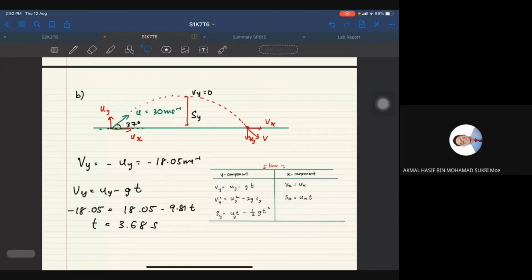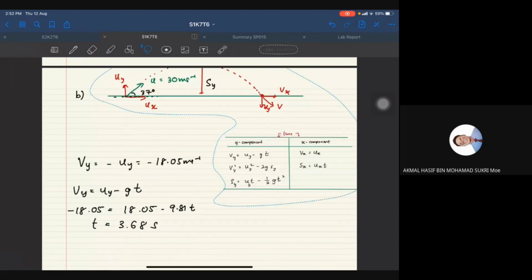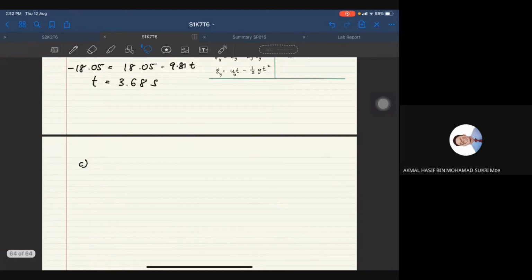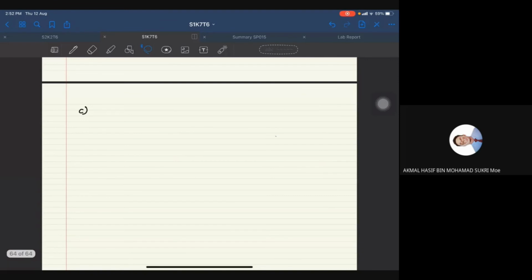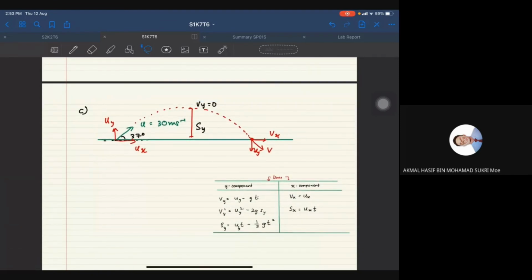Again, so copy everything. Okay, so now you want to find your SX, which is basically this part.